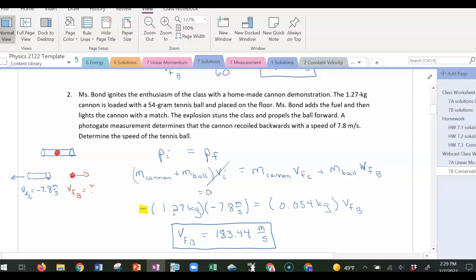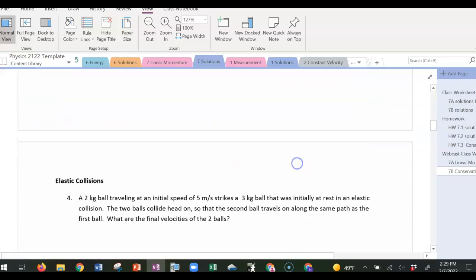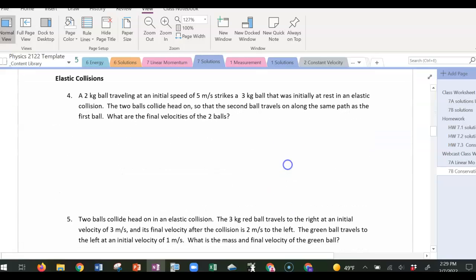Okay, so let's look at some elastic collisions. So I'm going to go down to number 4. In an elastic collision, not only is momentum conserved, but also kinetic energy is conserved.